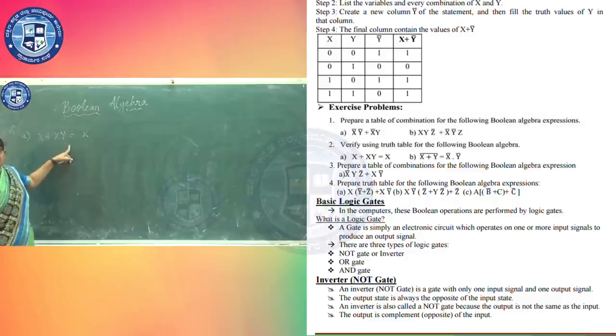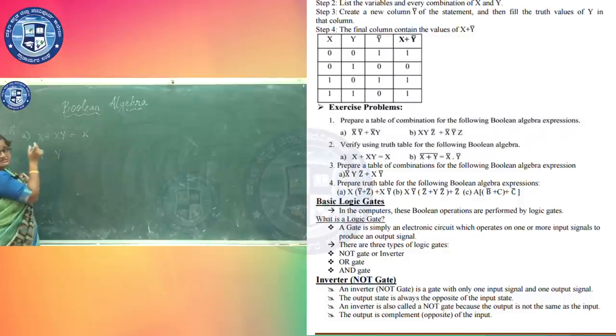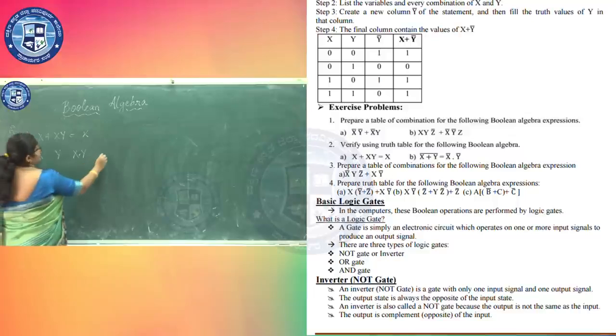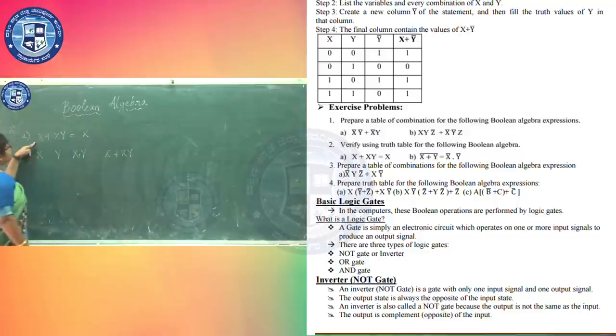So two variables means 2 to the power of 2, that is 4 rows. For x, y, and each single expression we should have x, xy meaning x dot y, then x plus xy. These are the possible expressions.